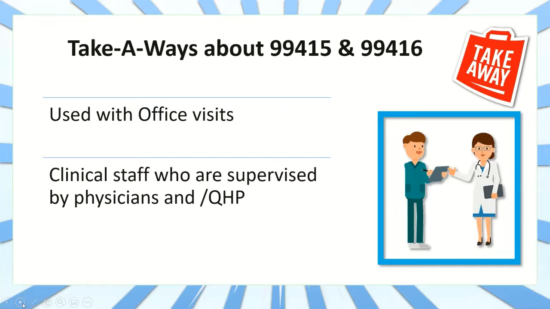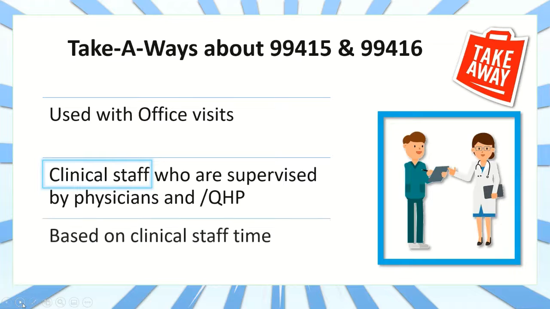They are used for the clinical staff who is being supervised by a physician or other qualified healthcare professional. Your keyword, clinical staff. And these are based on clinical staff time. Okay, so these are your prolonged services for clinical staff time. And that's it. All right, everyone, you did a wonderful job.